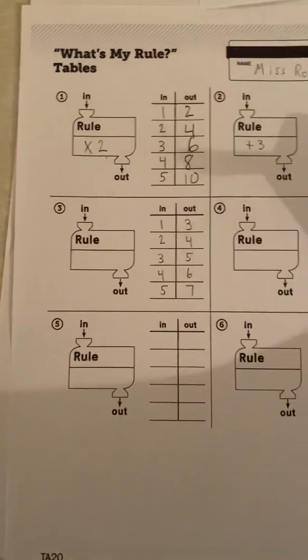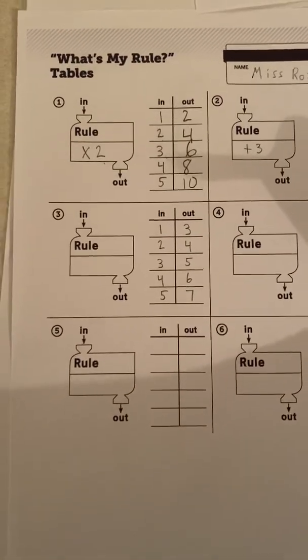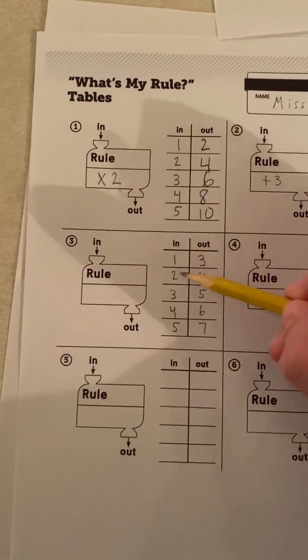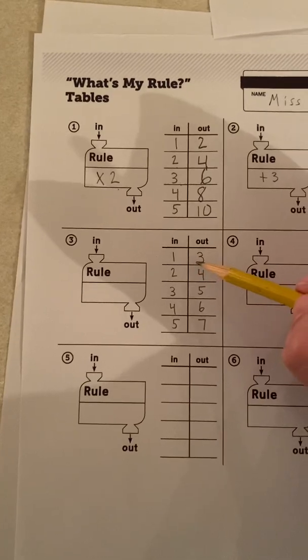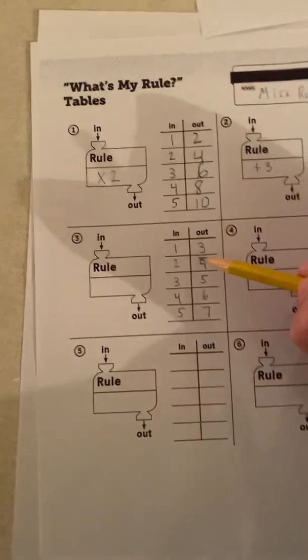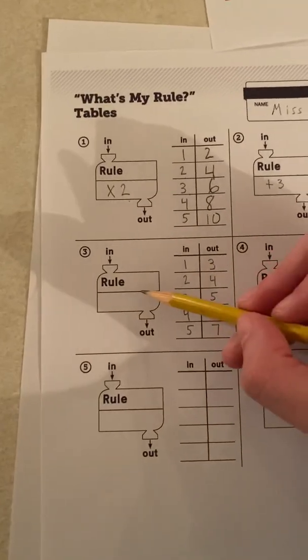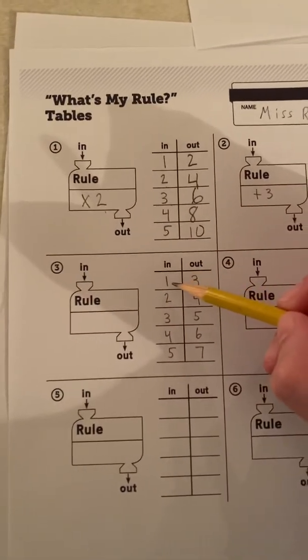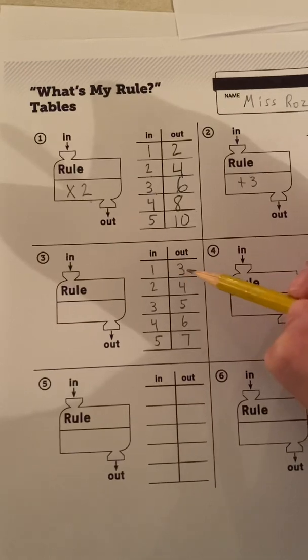Now, sometimes it gets a little trickier. Sometimes the inputs and outputs are already figured out for us, and we have to search for a pattern to make the rule. So let's take a look. They put in a 1, and they got a 3.